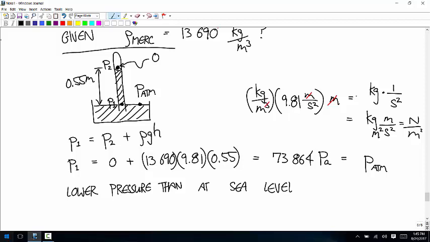Oh, I didn't write the meters right. It doesn't work without those. Like that. Yeah, and then it works. And then you just use one. Yeah, exactly.